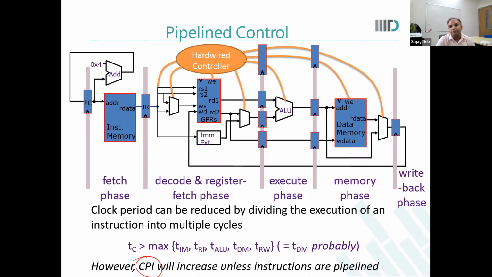Yes, Arjun. So the ALU also relies on a hardwired controller. The ALU will require some control signals. Control signal generation can be done in different ways, and one easy to understand way is hardwired control. Basically you build hardware which, depending on the opcode, will generate all the required control signals.